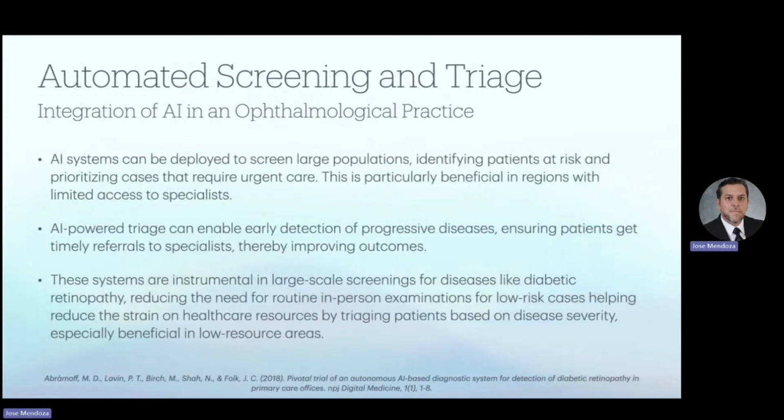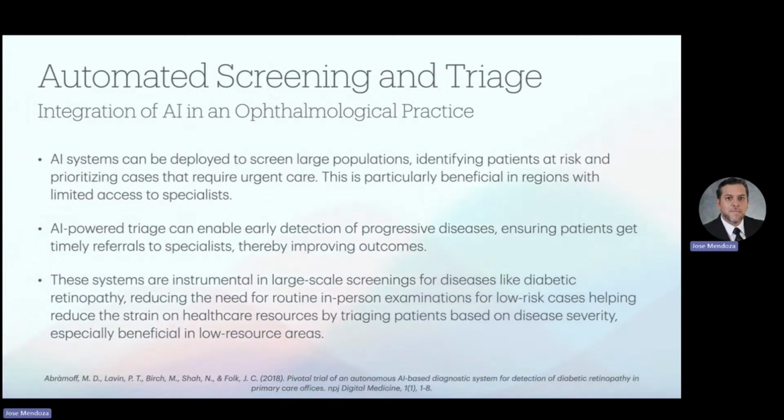For automatic screening and triage on busy clinics and on populations that are really, really big, artificial intelligence could help identifying patients at risk and prioritizing cases that require urgent care. It also could enable early detection of progressive diseases, ensuring patients get timely referrals to specialists, improving the outcomes.